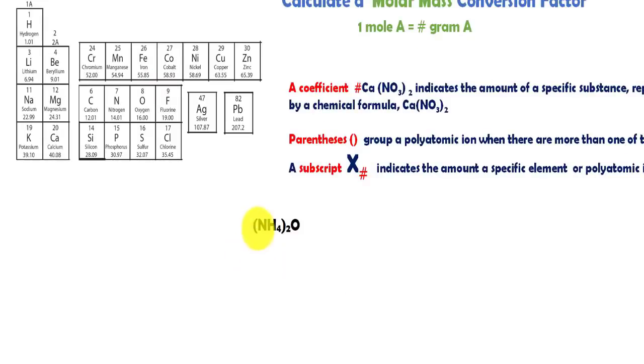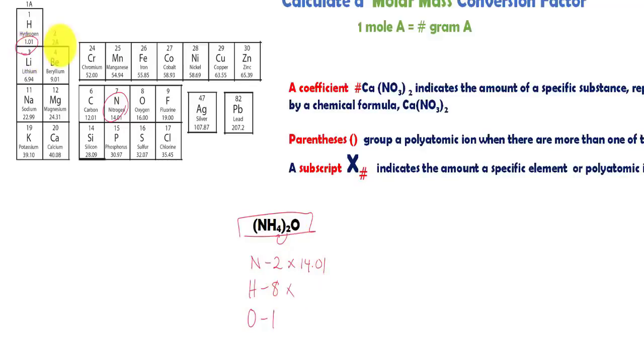Let's try another problem. In this case, we have this chemical formula, (NH4)2O. So nitrogen, since there are 2 of one N, that gives us a total of 2 for nitrogen. And for hydrogen, there are 2 of 4 H, so that gives us a total of 8. And for oxygen, it's just 1 because it doesn't have any subscript. And we find the total mass for all the elements. For nitrogen, we multiply by 14.01 because each one is 14.01.